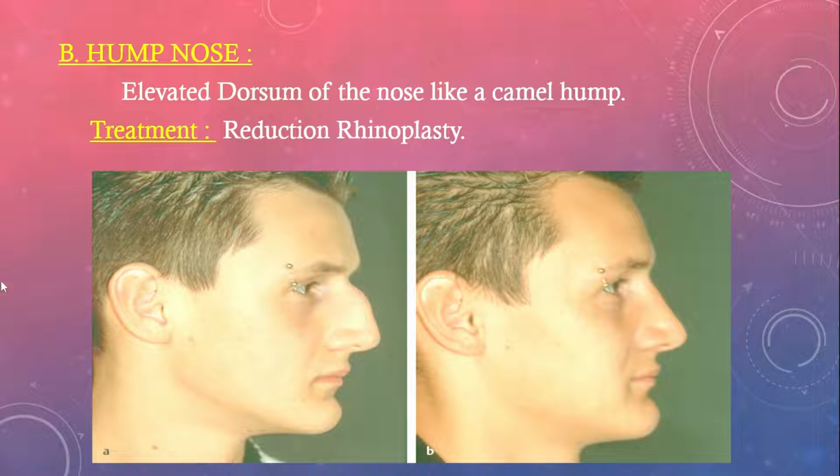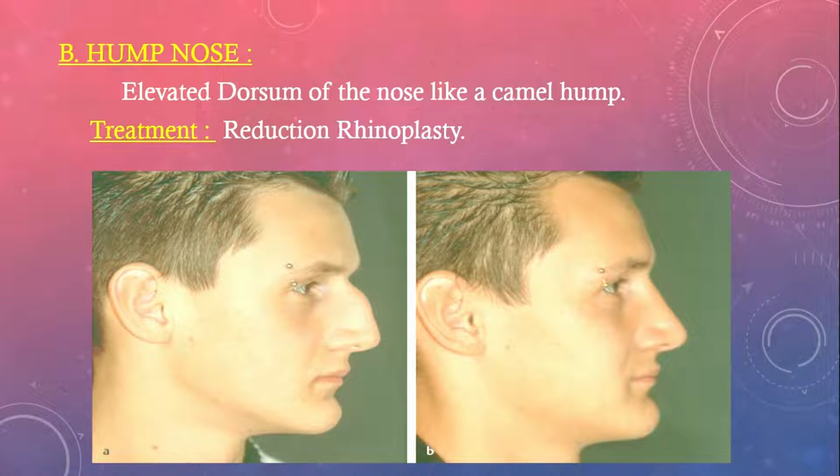Our next thing is hump nose. What is a hump nose? It is an elevated dorsum of the nose like a camel hump. As you can see in the picture, that can also occur as a result of a trauma, but more so because of growth problems.